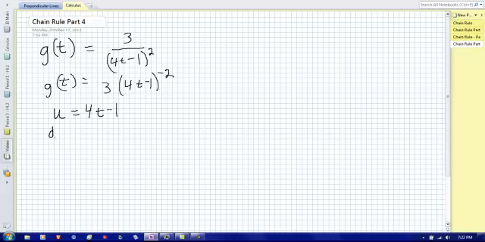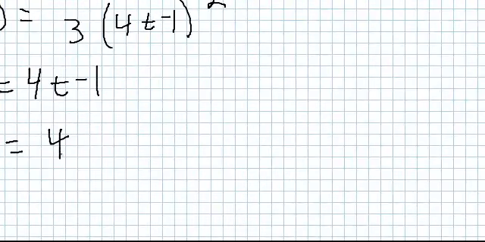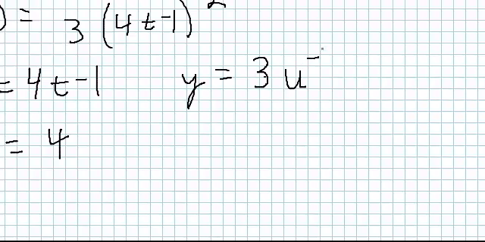See the du, instead of x, we'll just do dt, and that's equal to 4. Now, our outer function, we'll go ahead and call it y for right now, is equal to 3u to the negative 2. See, it's 3 times u to the negative 2.